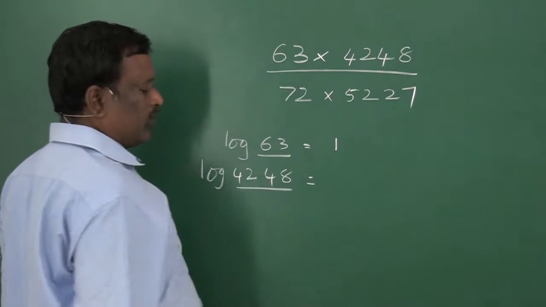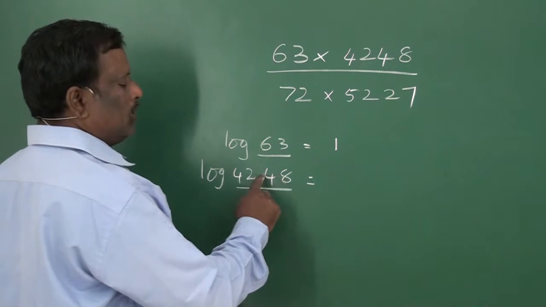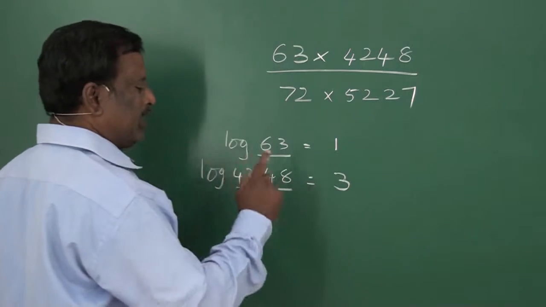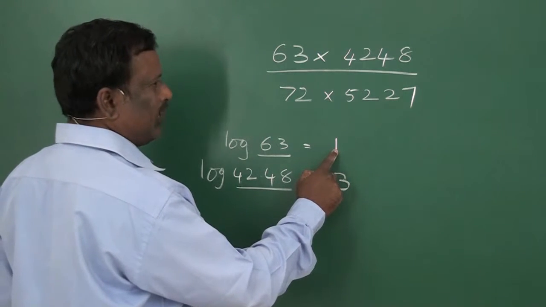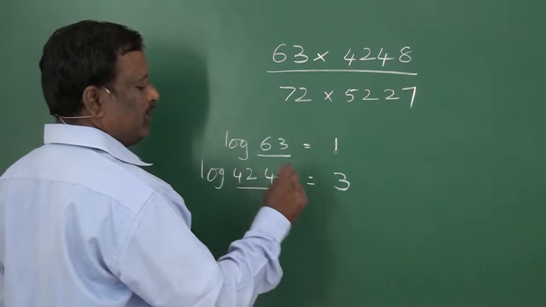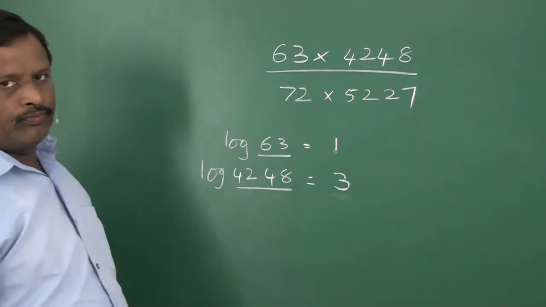Here 4248 is a 4-digit number, so the characteristic is 3. The number of digits n minus 1 is the characteristic. Here 2 digits, so 2 minus 1 is 1. Here 4 digits, 4 minus 1 is 3. It is irrespective of the value of the digits.